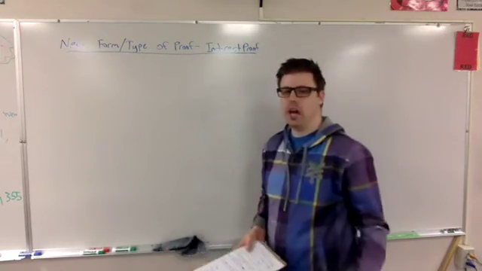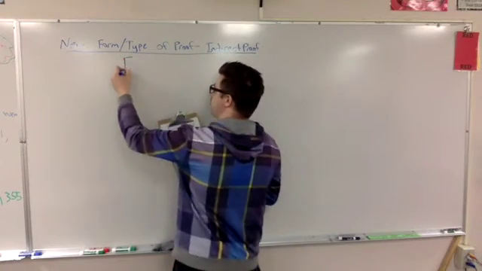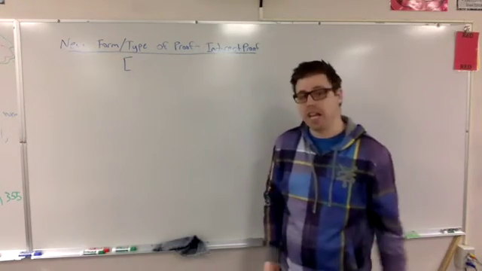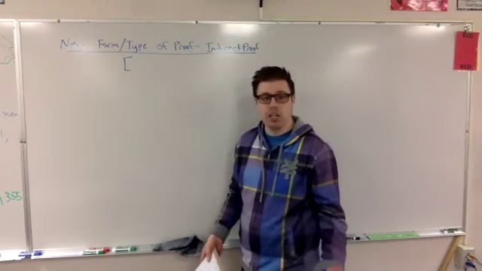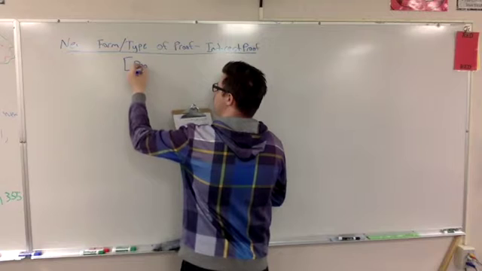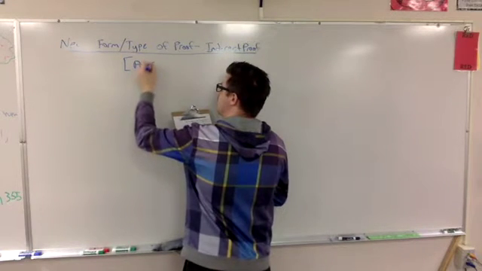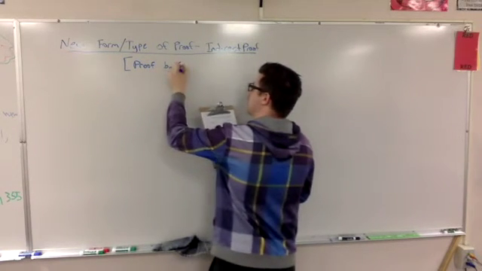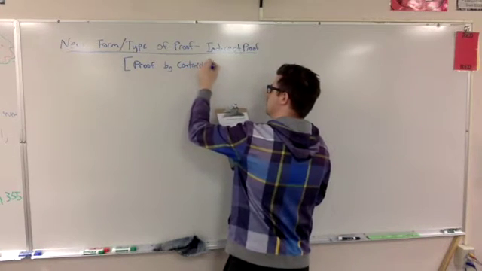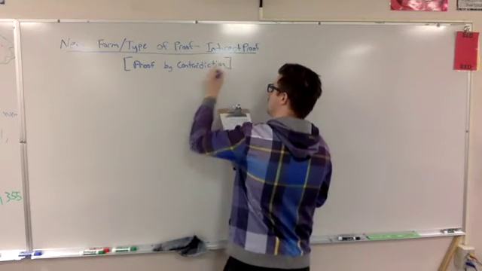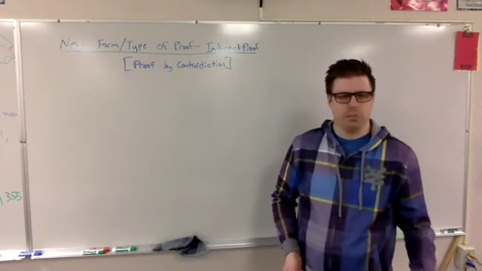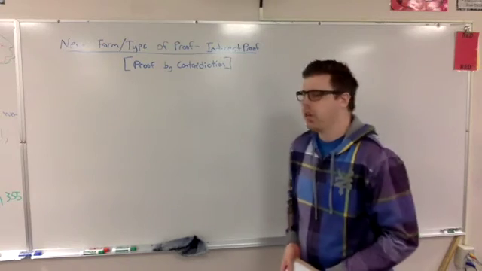More commonly known to most mathematicians, or when I say mathematicians, I mean people that have studied mathematics, even at a high school level, most commonly known as proof by contradiction. Well, what does that mean, proof by contradiction?